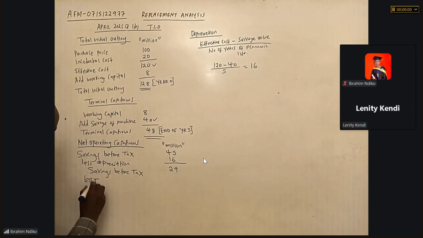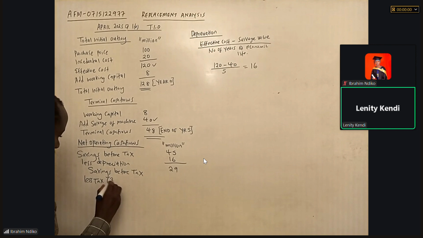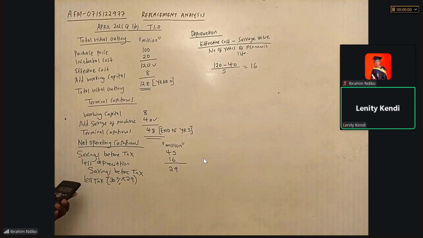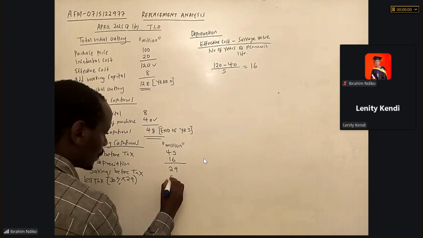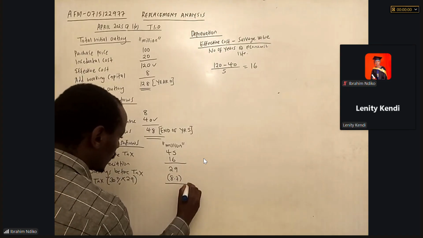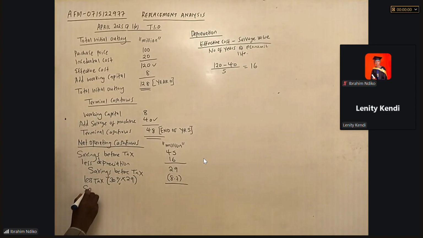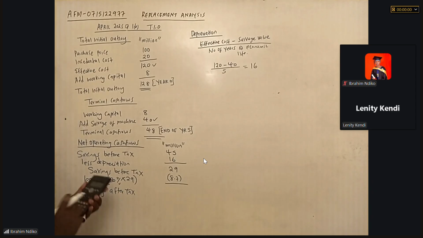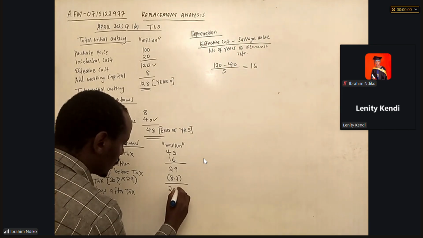That's how many percent? 30%. Of 29. So 0.3 times 29, 8.7. Then we get savings after tax. So 29 minus the answer, 20.3.